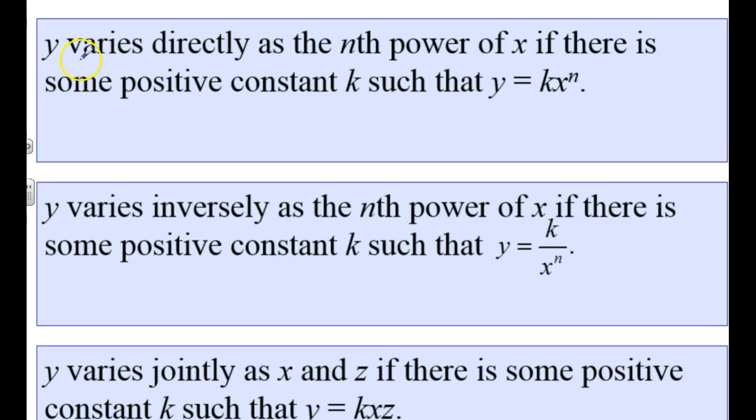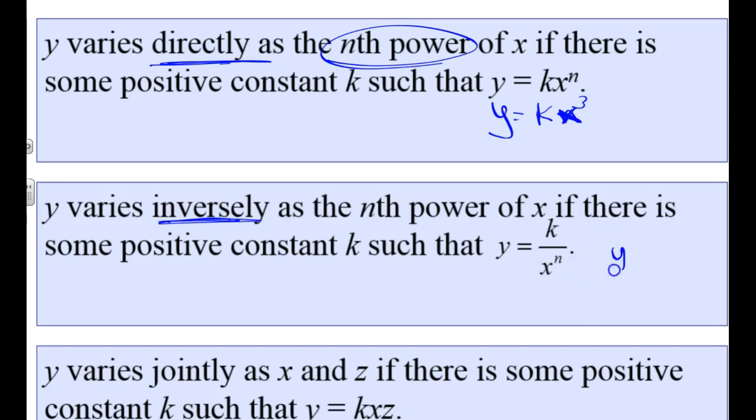So be careful. If it says y varies directly, then it's multiplying, but it says the nth power. So y varies directly with the third power of n, or we could let that be x, the third power of x. And then this is varies inversely.